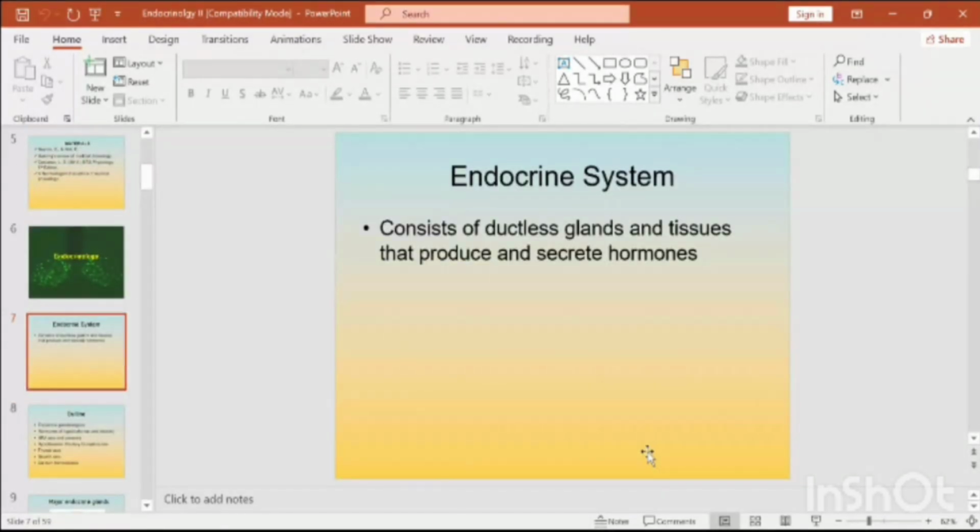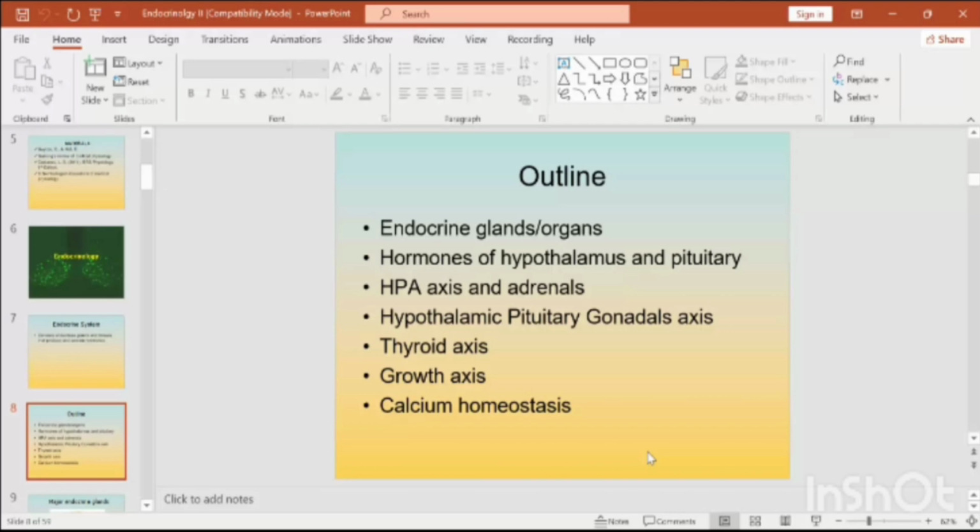So the endocrine system consists of glands that are spread throughout your body. And these glands have some ducts, and the ducts connect to the blood system. The purpose is simple: to release hormones and enable the body to communicate all the other functions. So the endocrine glands or organs are part of it.